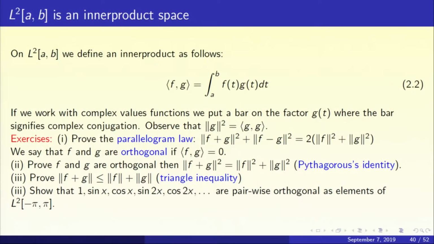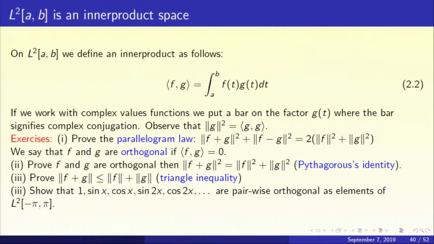Now, here are some easy exercises for you. First, prove the parallelogram law. Norm of f plus g squared plus norm of f minus g squared is twice norm f squared plus twice norm g squared. Why is this called a parallelogram law? You should think of the norm of f minus g as the distance between f and g.